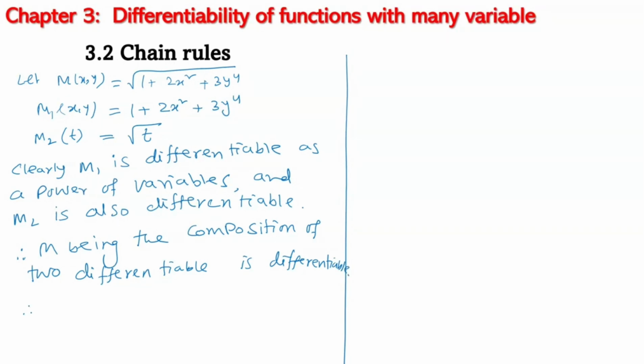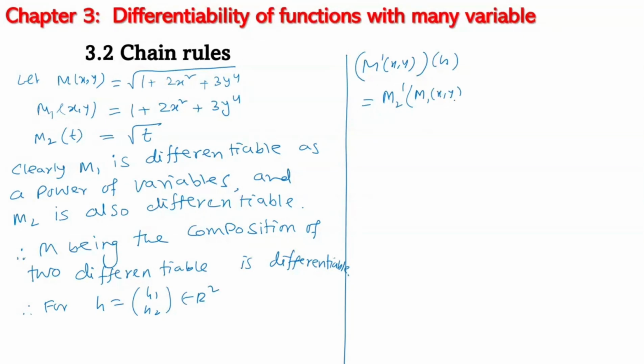Therefore, for h equal to (h1, h2) belonging to R2, m dash (x,y) operating on h is equal to m2 dash m1(x,y) and then m1 dash (x,y) operating on h.